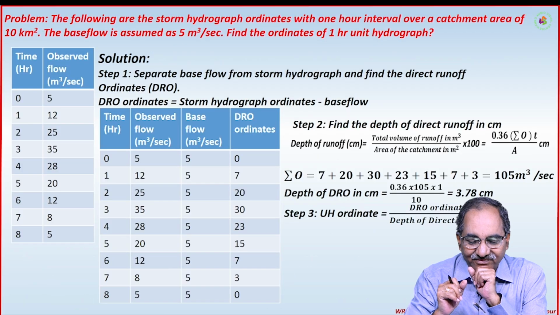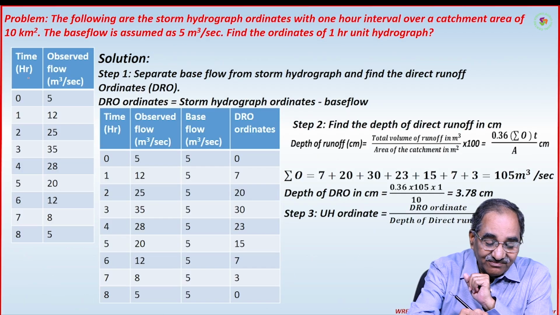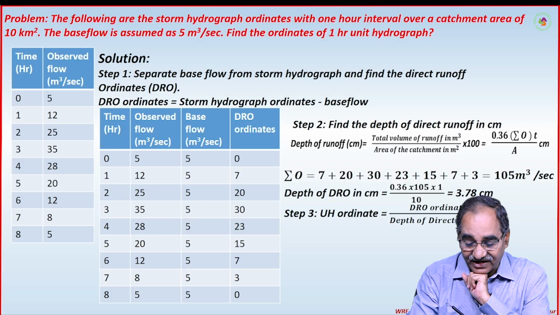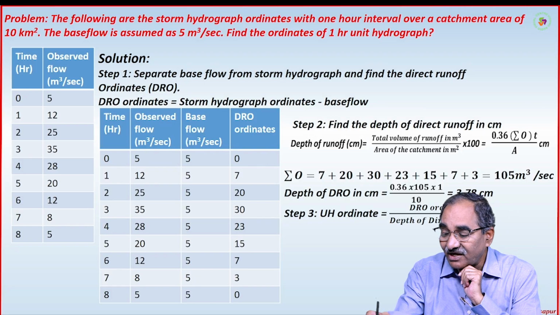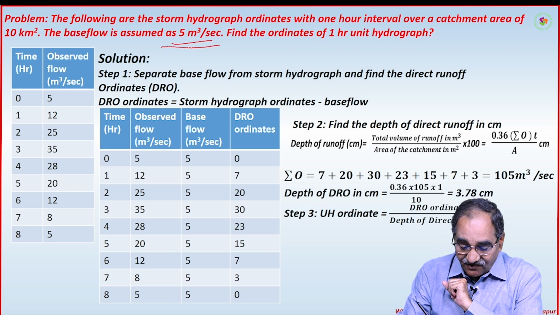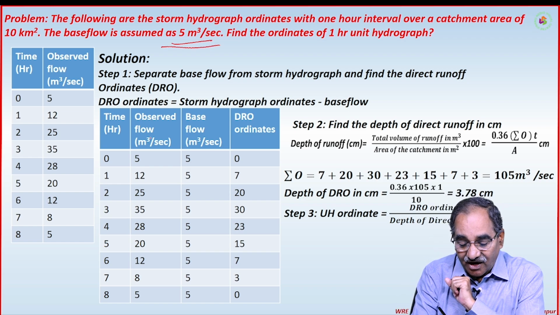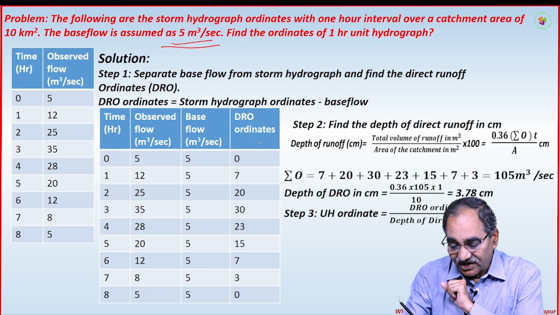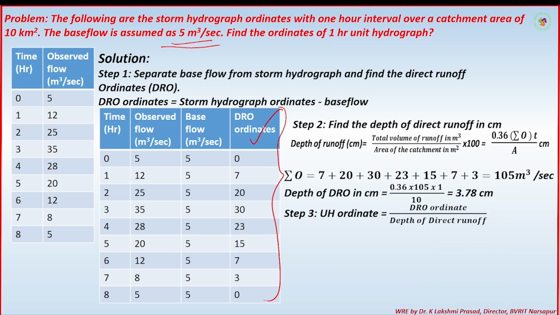I will show you the problem. Time is given. The storm hydrograph ordinates are given. In the problem, the base flow is also given. So observed flow minus base flow is equal to direct runoff. Is there any difficulty in finding this? Can't you find the direct runoff ordinates?